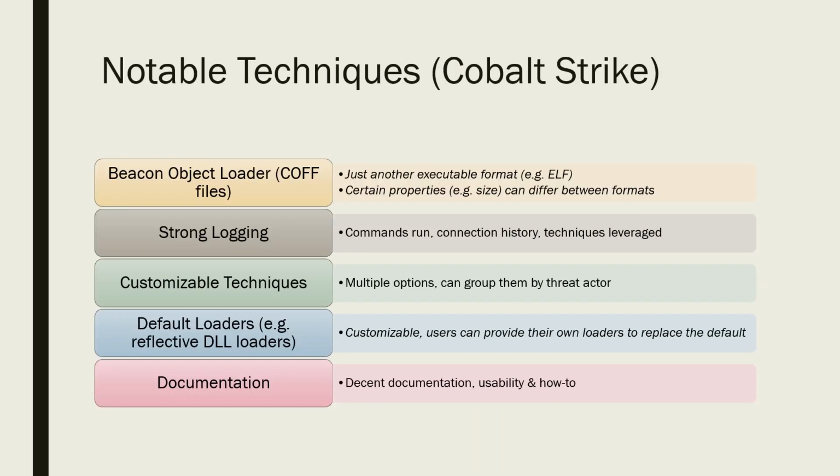With something like Cobalt Strike, some cool things it has is like the beacon object loader, right? Being able to load COFF files. COFF files are just another executable format, really, like ELF and PE. It's just an object format. There are certain properties that can differ between formats like ELF and COFF, of course, including size and other aspects of it.